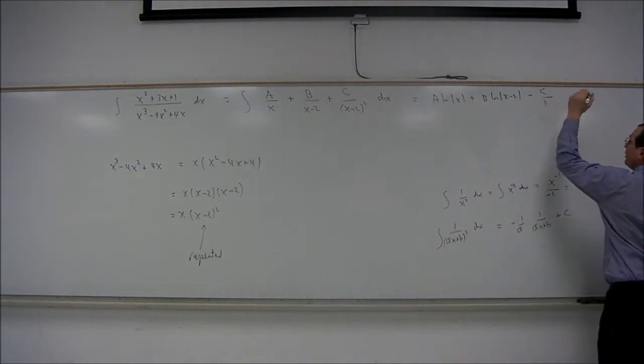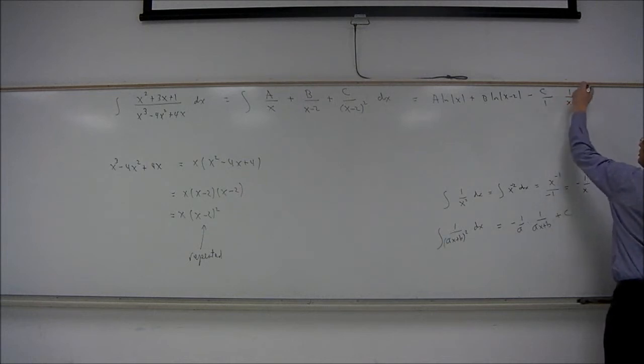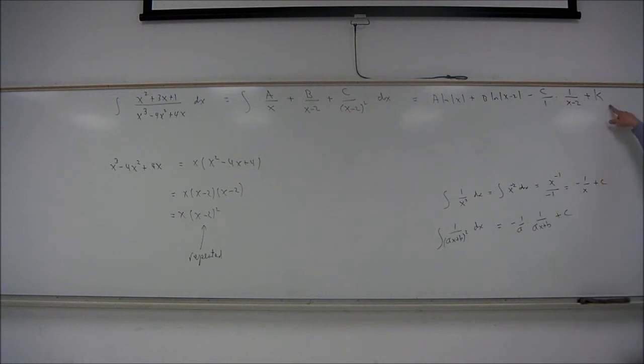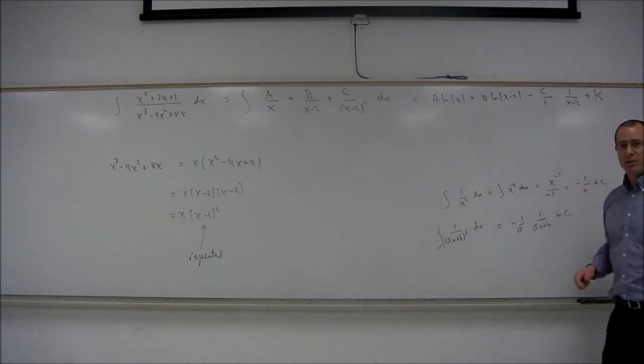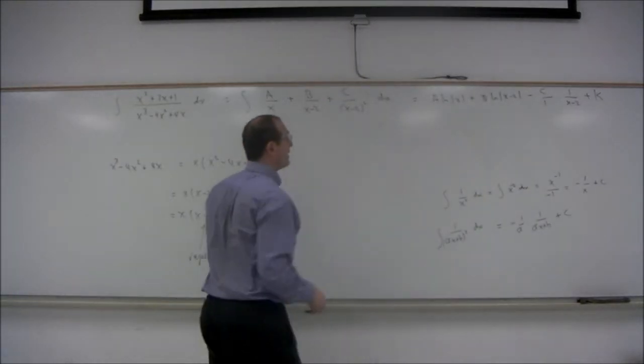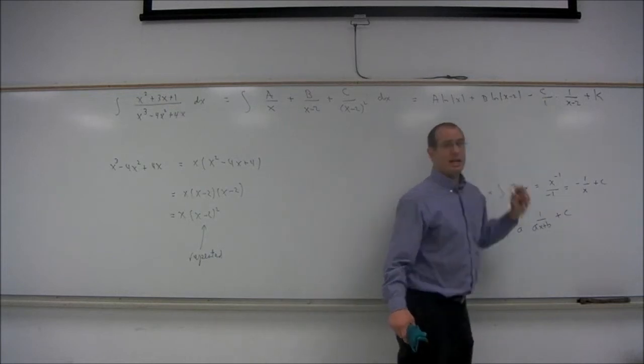So C over 1 times 1 over x minus 2, plus a constant of integration, which for the moment I'll call K, since the letter C is already being used for something else. So that's basically the answer. The question now is, what are the values of A, B, and C?